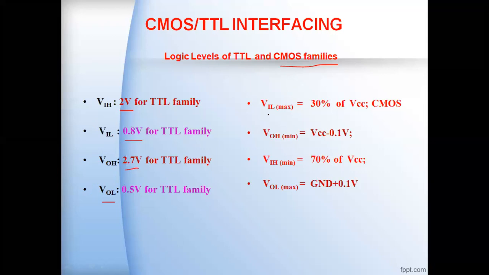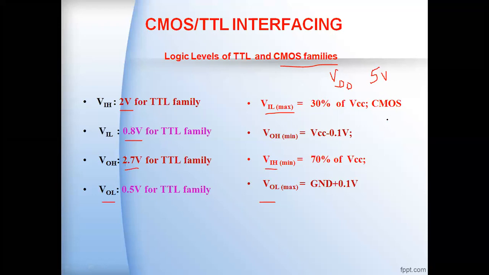And if you compare these logic voltages with the CMOS logic families here, in CMOS logic, the VIL maximum is 30% of the VCC. So here the voltage parameters VIL, VOH, VIH and VOL are all a function of the power supplies. They depend on the VDD. Say the VDD is 5 volts; according to that 5 volts, these voltage parameters will be determined.